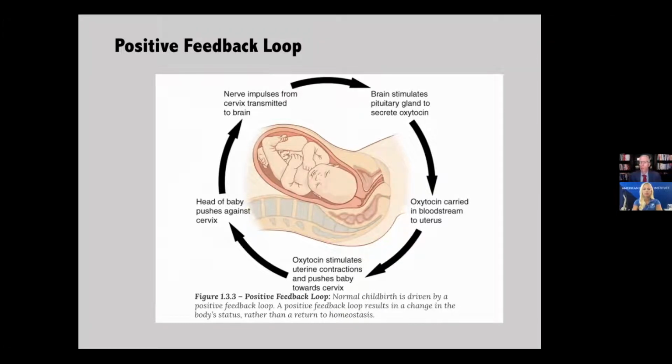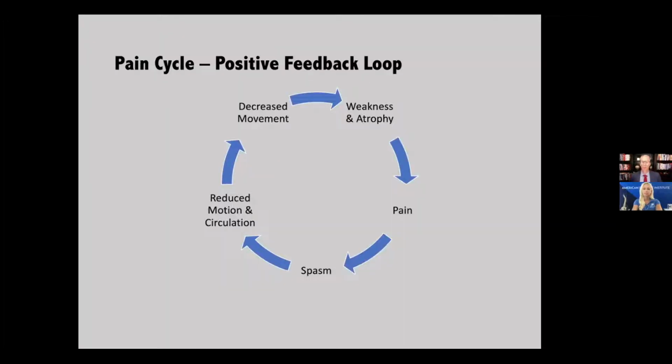Now, I just want to talk just a minute about the feedback loops of pain. One example of a positive feedback loop is the birthing process. And the positive feedback loops take us from one spot to another. Negative feedback loops tend to help us have homeostasis. So with the pain cycle, we have some injury, there on the right of that chart. It causes some muscle spasm.